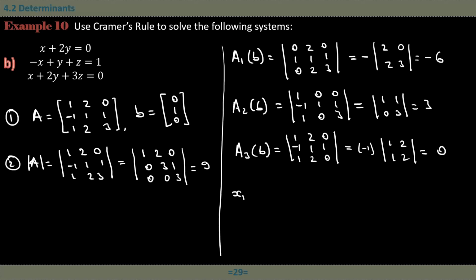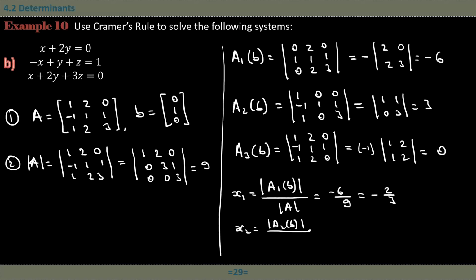Here we have x1 equals determinant of A1B, actually it should be determinants, over the determinant of A. That's equal to minus 6 over 9, that's equal to minus 2 over 3. And how about x2? In a similar way, determinant of A2B over the determinant of A, that's equal to 3 over 9, that's equal to 1 over 3.